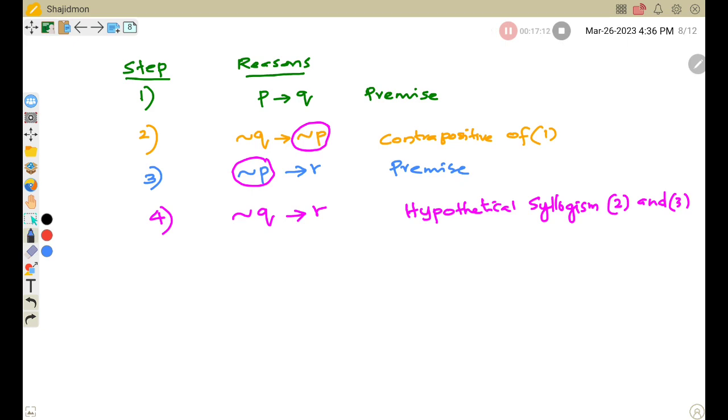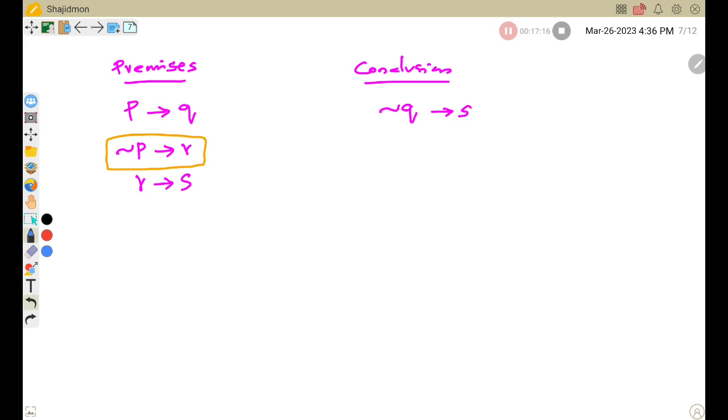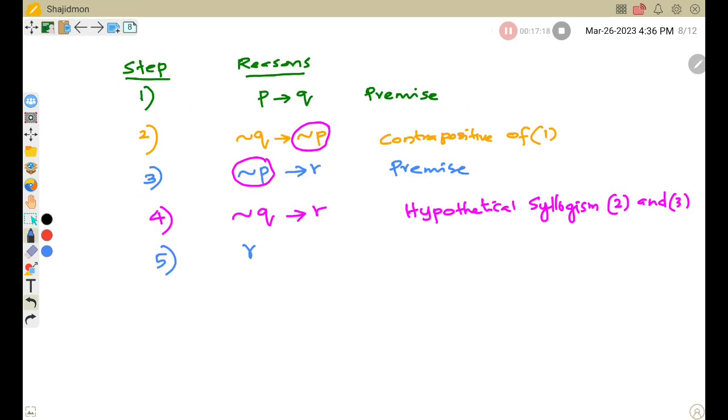Now next, I am going to step number 5. I am writing the next premise: R implies S, a conditional statement, correct? This is the premise. Now again we can use hypothetical syllogism on steps 4 and 5, correct? Because you can see R here and R here.